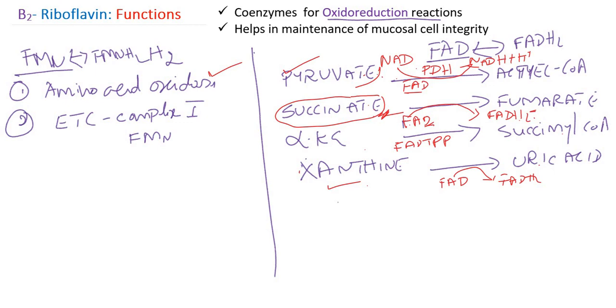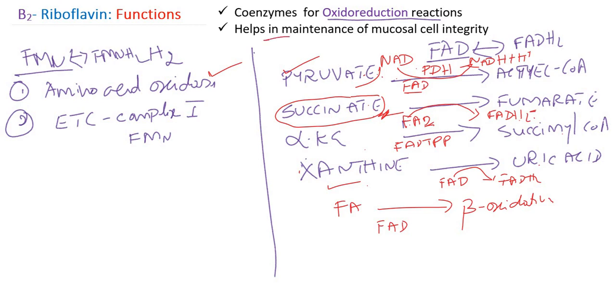When acyl CoA or fatty acid undergoes beta oxidation, a catabolic pathway, FAD plays a very important role. These are the functions. Apart from this, they act as a coenzyme for many oxido reduction reactions.